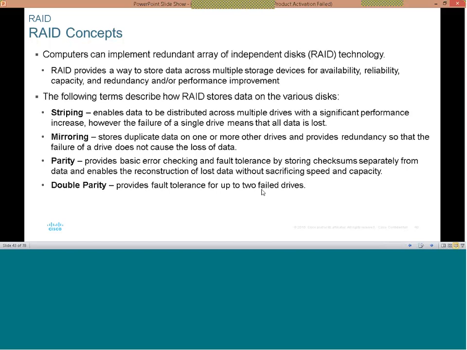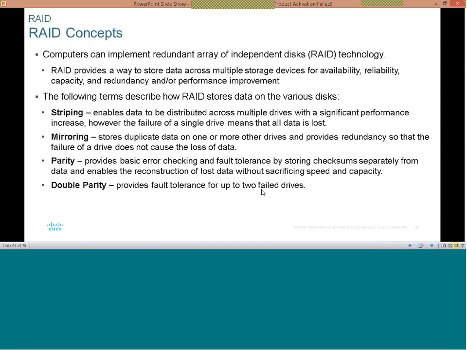So you can see here that the purpose of parity is to provide basic error checking, but this can also help you provide fault tolerance for up to 2 failed drives, such that if you have arrays of drives and one fails, in as much as you check the errors for you, when it's the double parity concept that probably runs on that RAID system, it will also tolerate up to 2 failed drives, and everything will still be working.